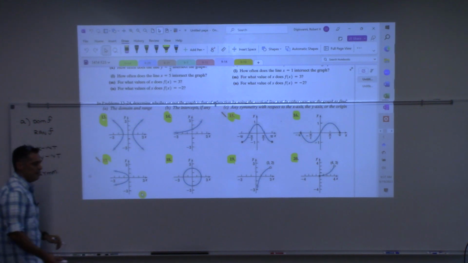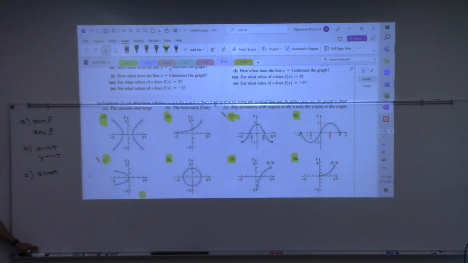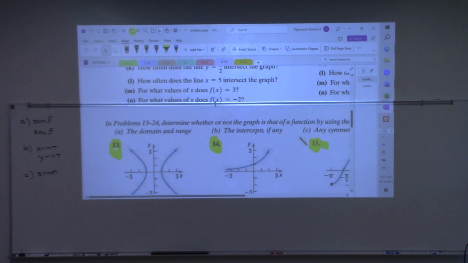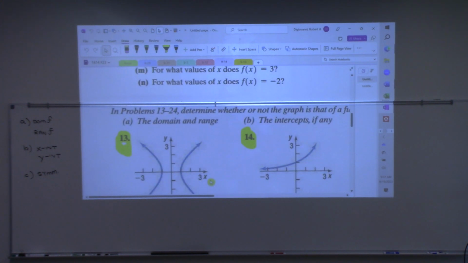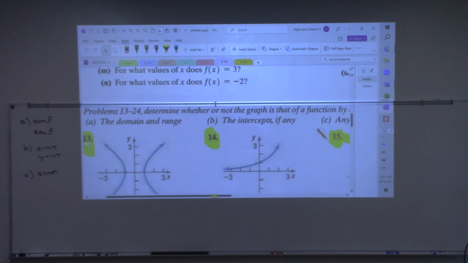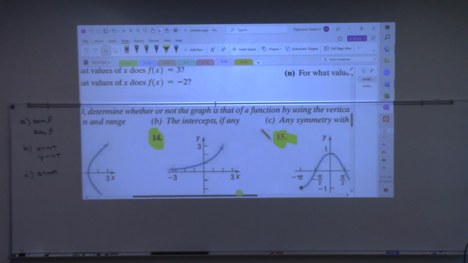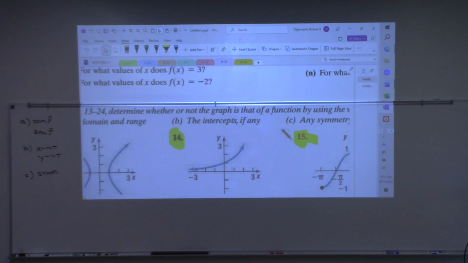I'm just going to put sym. All right, so let's look at one of these. I'll zoom in a little bit so we can see it. Let's look at number 14. I'll do some of the evens and you can do the odds. Okay, y'all see 14 there?